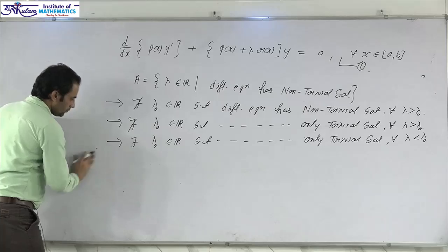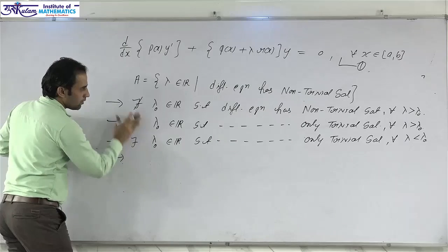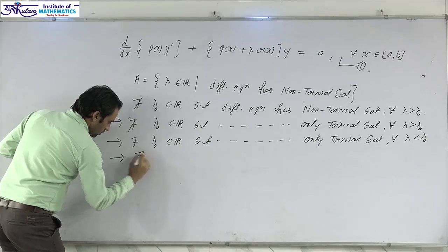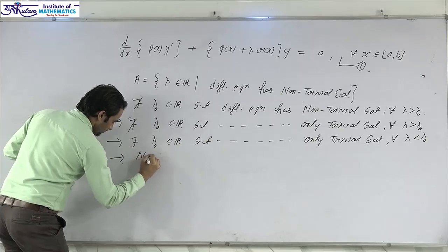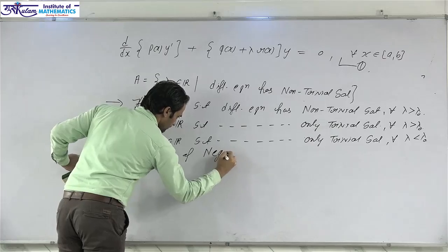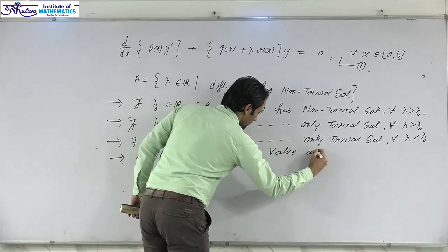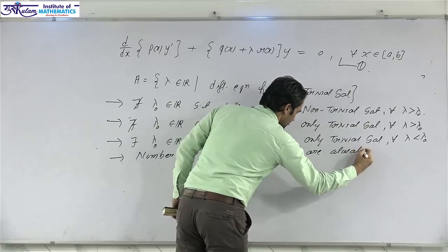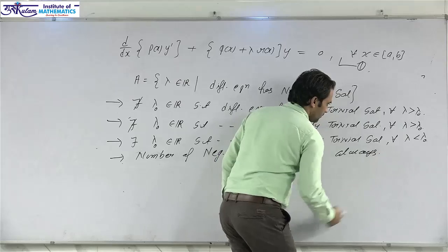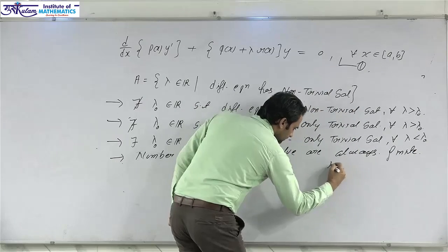So these are three main properties, since the set is bounded below and unbounded above. Again, the number of negative eigenvalues is always finite, if they exist.